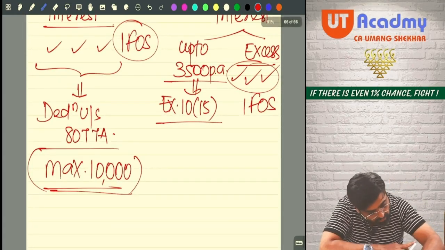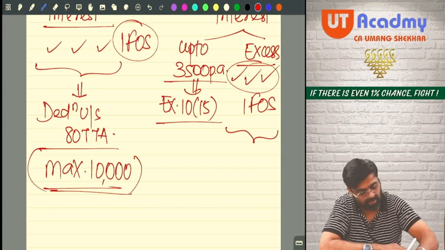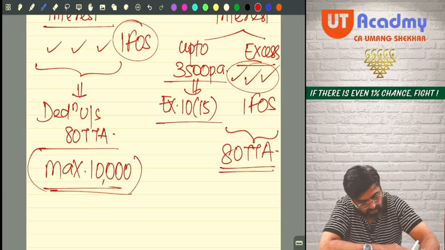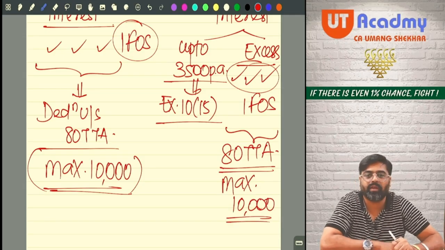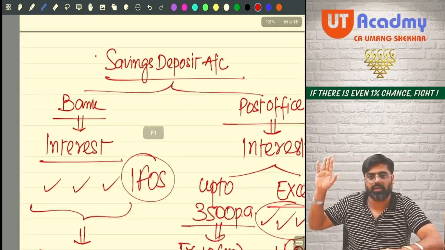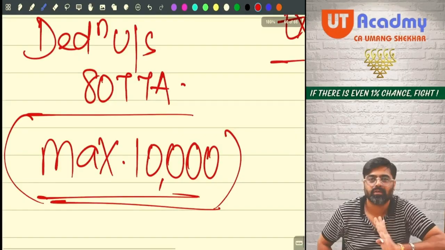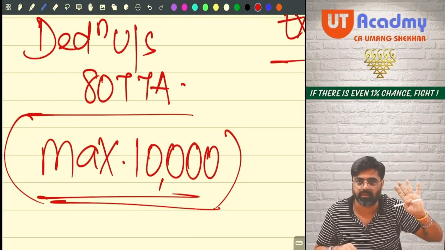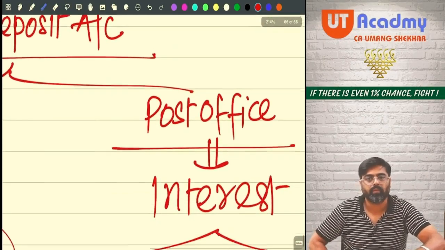Now, for the amount which is taxed and shown in your GTI, you can claim the 80TTA deduction. 80TTA maximum how much? 10,000. What if you have only this interest, only the post office?